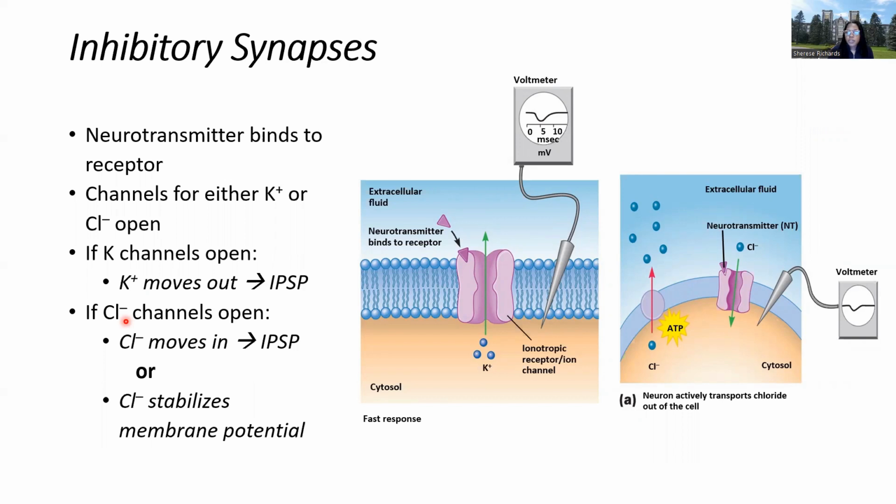So chloride can have 2 different functions. Potassium moving out will always generate an IPSP. But chloride will move into the cell, which can be an IPSP, or if the cell is overexcited, chloride can also just help to bring it back to rest or stabilize the membrane potential.